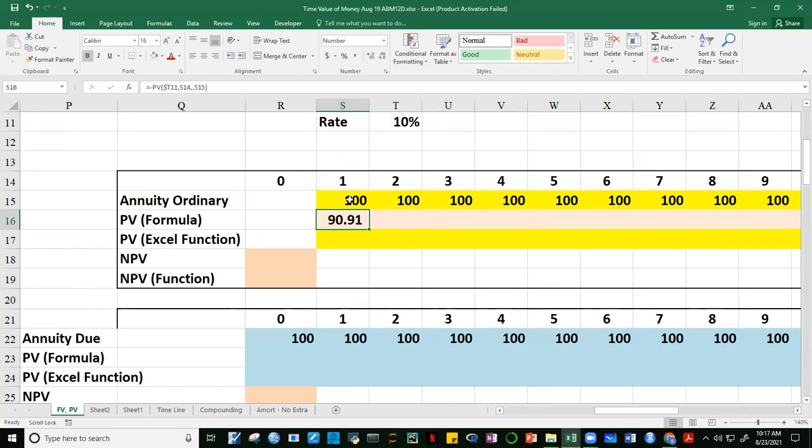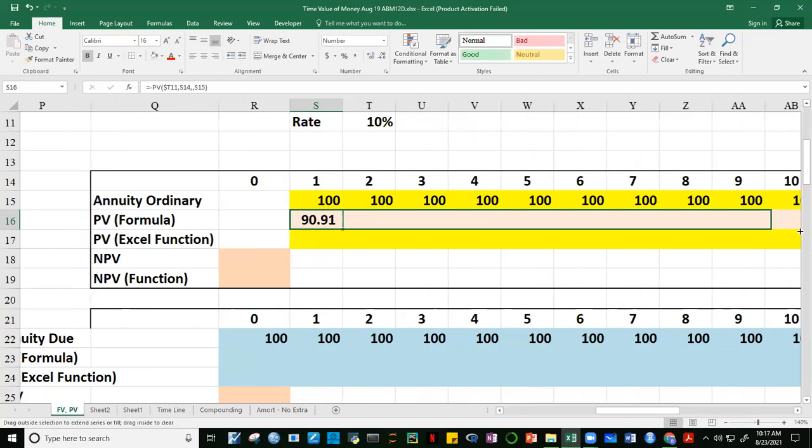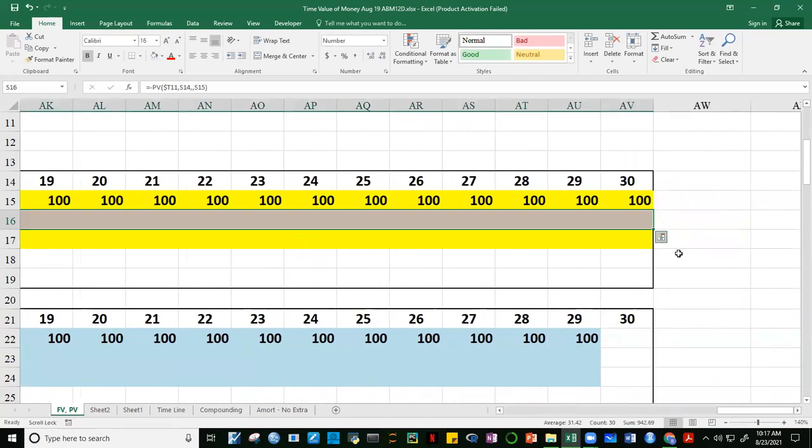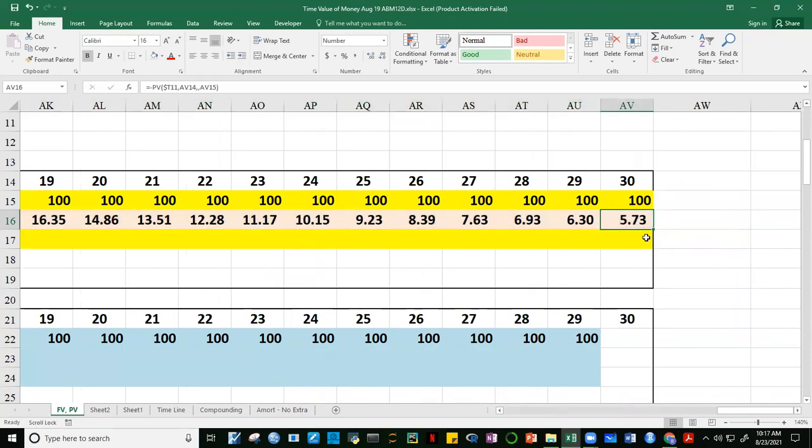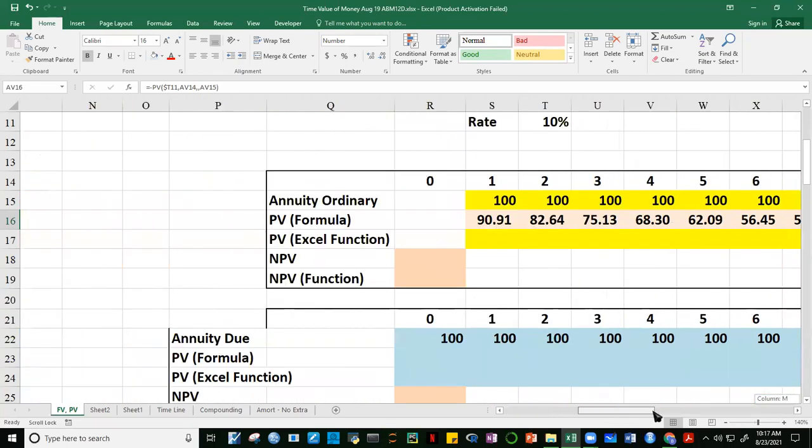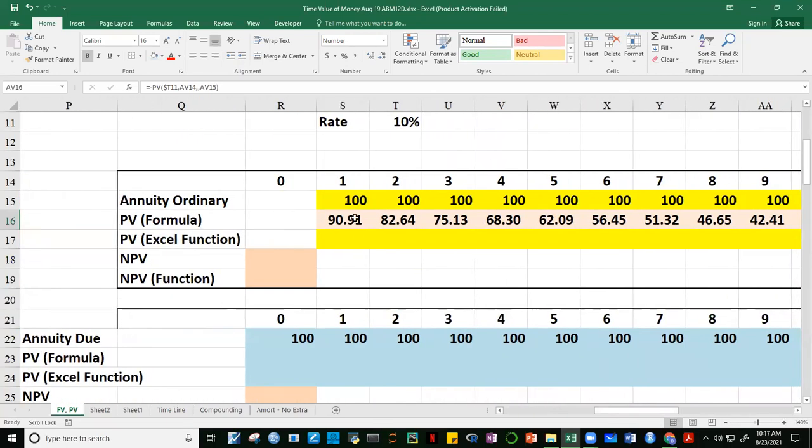There. So yung 100 after 1 year, that's equivalent to 90.91, assuming 10% yung rate. So we can copy this to the right. Okay. So notice, guys, yung 100 in 30 years, 5.73 ang equivalent niya ngayon. Okay. So take note once again, guys, that these are equivalent values. And they're all in the present value, so we can now add them.